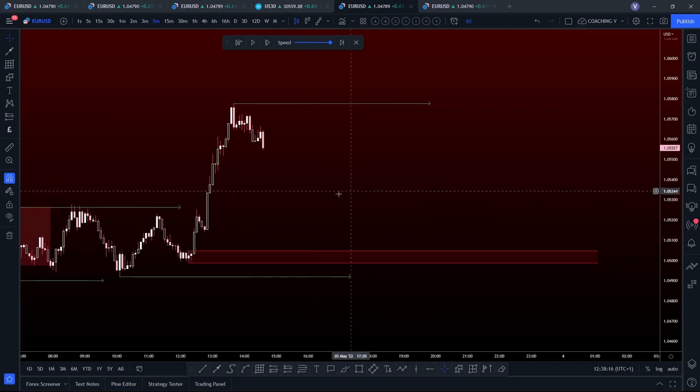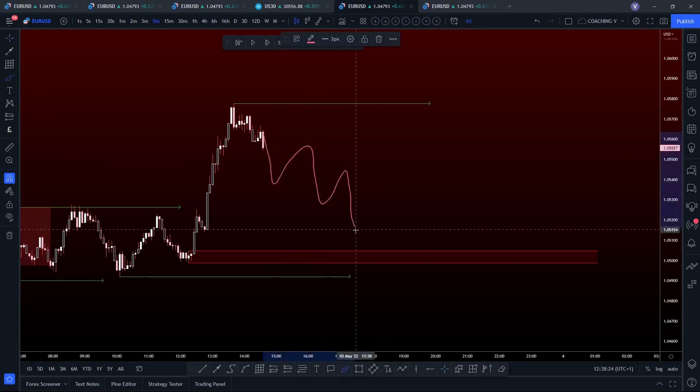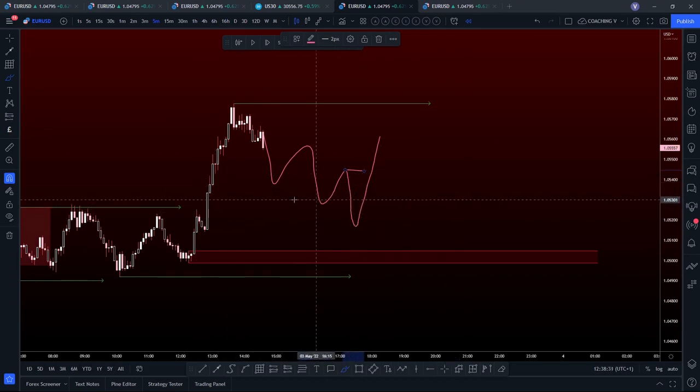It may reverse at some point within this entire region. What we can do then is, if price starts moving downwards like this and then reverses, we can actually start to look for a new entry within the discounted range of this price action.